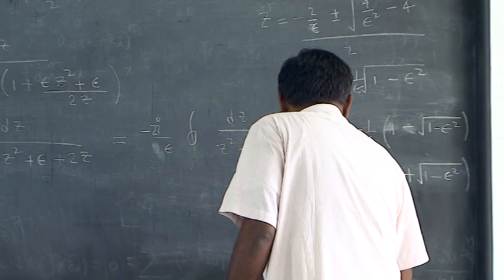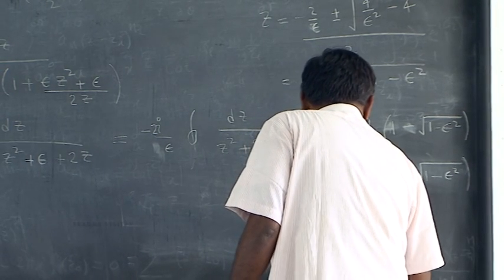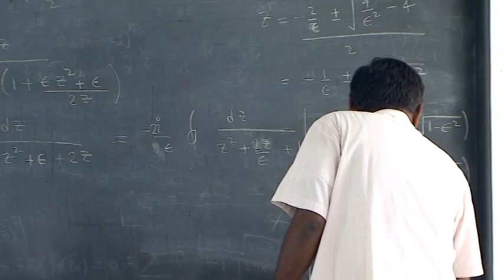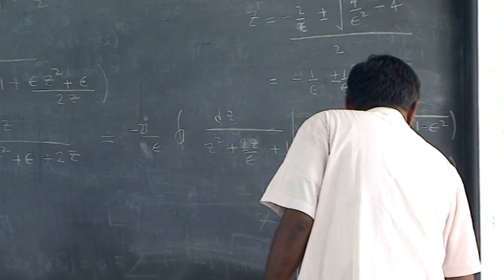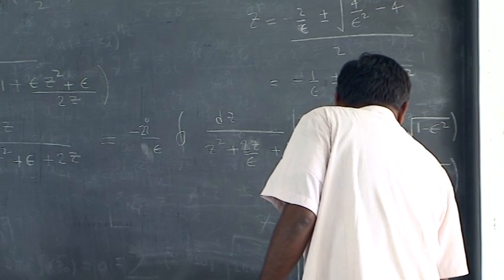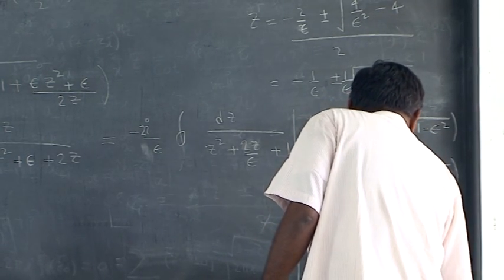z1 minus z2 is minus 1 over epsilon times 1 minus square root of 1 minus epsilon square, minus 1 minus square root of 1 minus epsilon square.